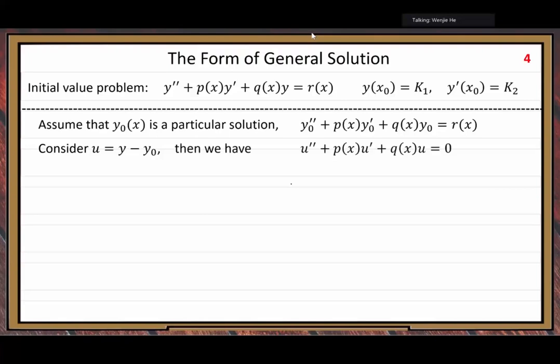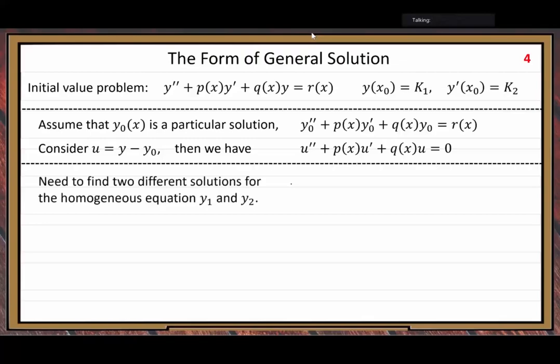Then u is the solution of the homogeneous version of the original equation. We need to find two different solutions. That's the question.